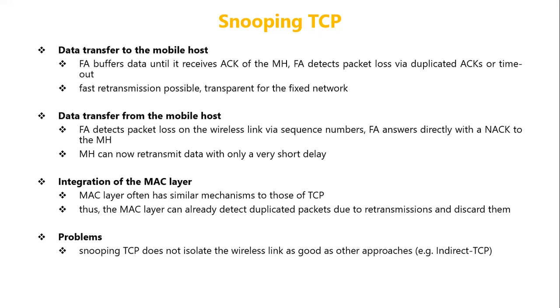So whenever there is a communication from the correspondent node to the mobile host, the foreign agent snoops the packet flow to recognize acknowledgements. Okay, and it also buffers the packets towards the mobile node. That is, whatever data is transmitted from the correspondent node to the mobile node will be buffered, and it performs local retransmission.